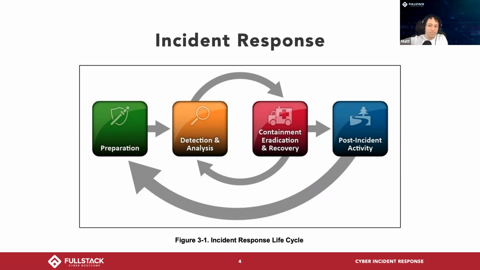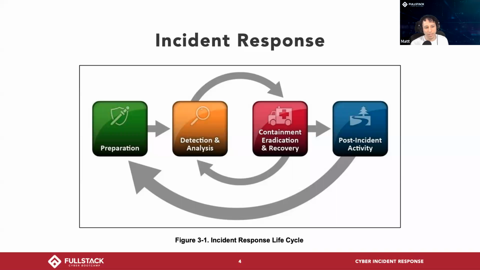Each of these 4 phases maps pretty nicely to the NIST framework that we're already familiar with, which has identify, protect, detect, respond, and recover. You'll see a lot of overlap here. We're going to look through each one of these phases. We start with preparation.